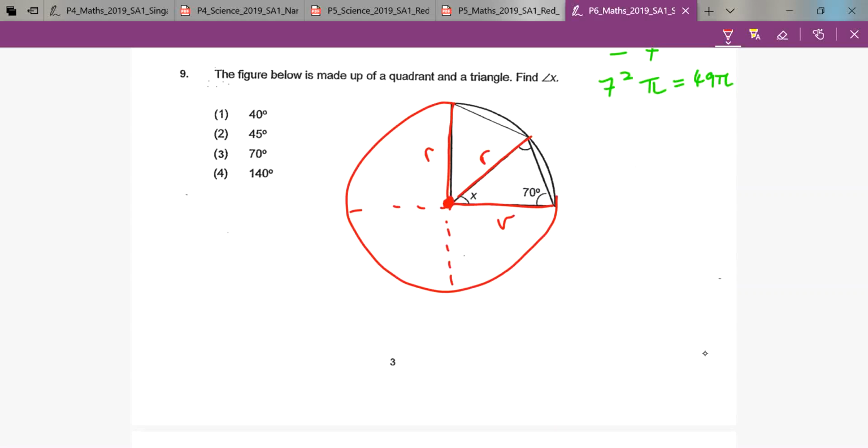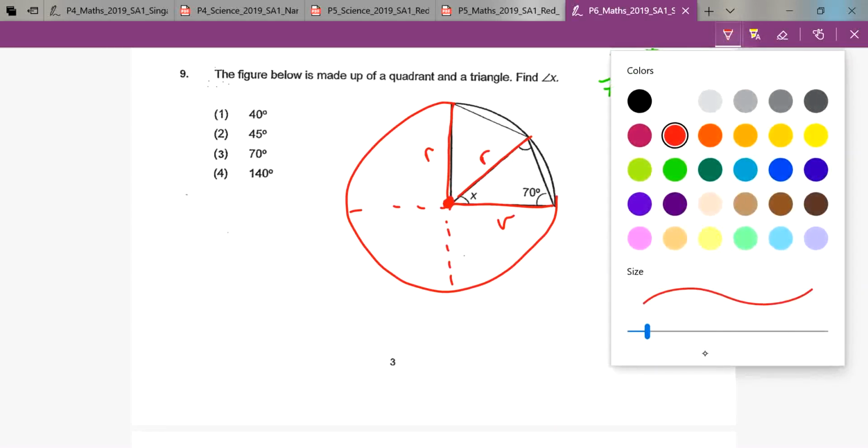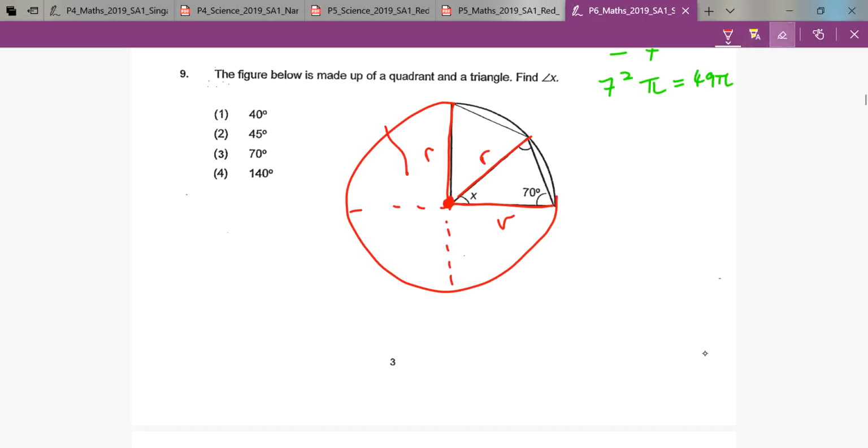So in other words, let me erase away all this. In other words, these two lines are going to be the same length. Okay, this is the same length, which means this is what? This is an isosceles triangle, alright? So this angle here is also 70.